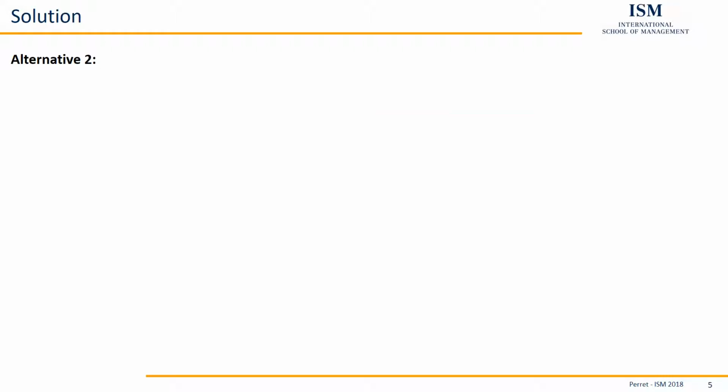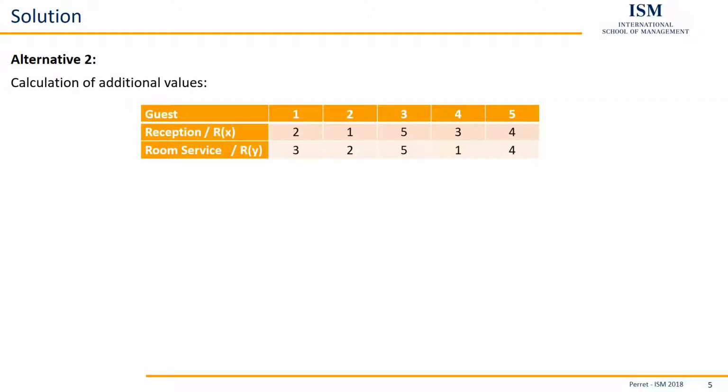And as I said, there are 2 alternatives. If we take a look at the second alternative, we can only use it if each rank is assigned only once. Taking a look again at our values, we see each rank from 1 to 5 is assigned only once. And only then this is possible. The first alternative can be used in any case. This one, only if every rank is seen only once.